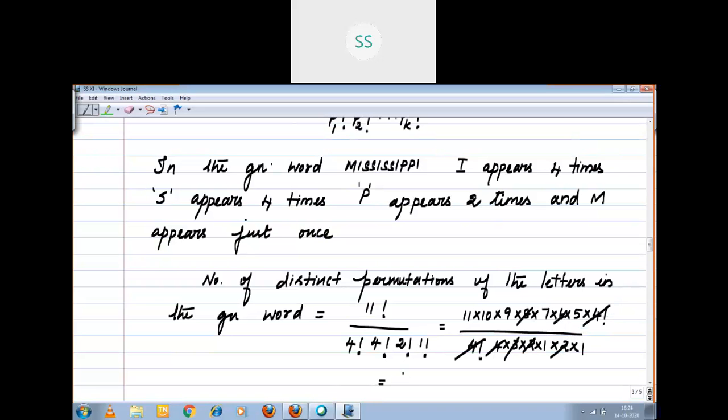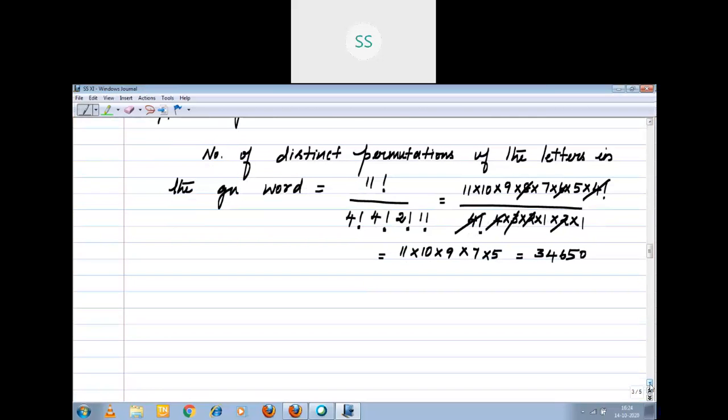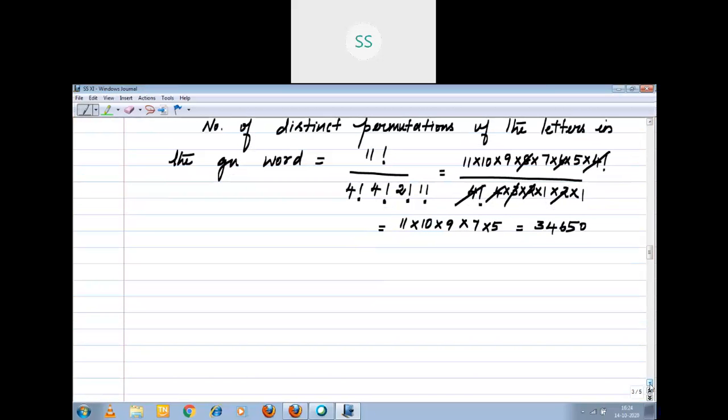See, 4 factorial cancels. 4, 3, 2. See 4, 2, then 8 cancels. 3, 2, 6 cancels. Then what should be the rest? 11 into 10 into 9 into 7 into 5, which is equal to 34,650. Have to multiply and check.